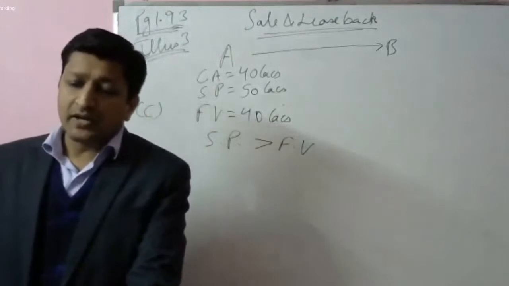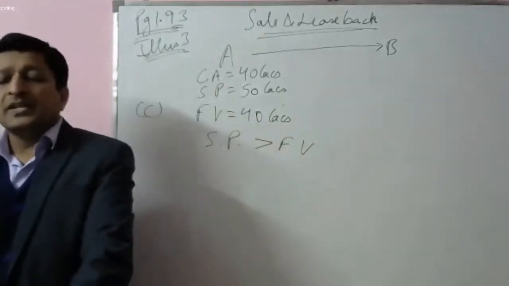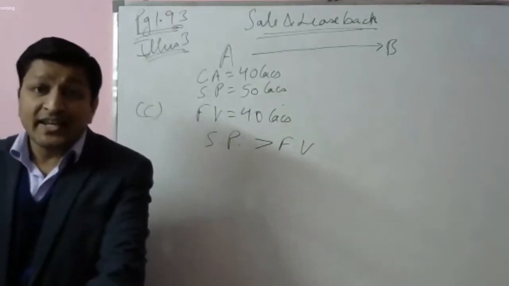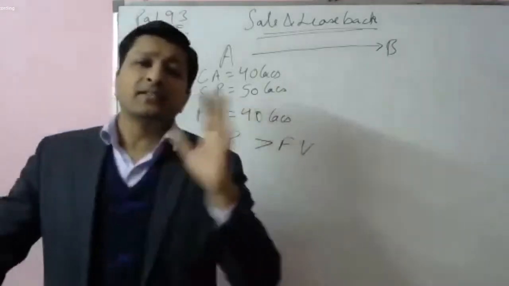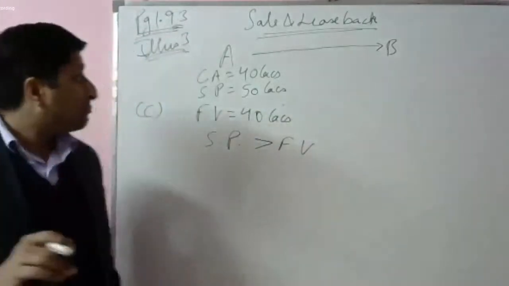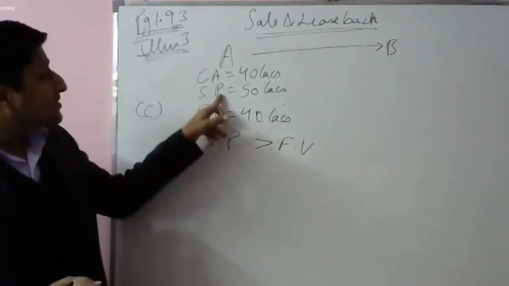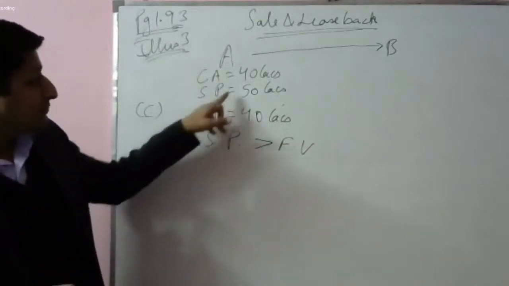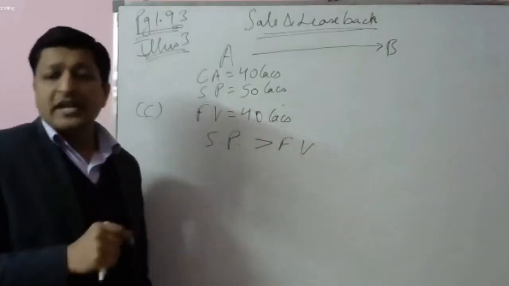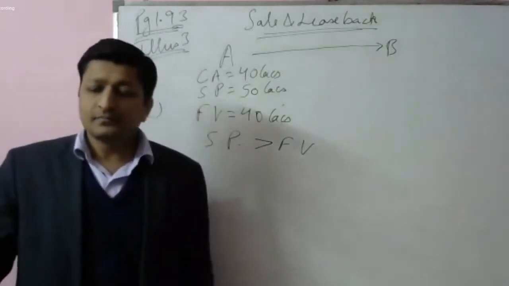In the fourth scenario, selling price is greater than fair value. So in case the selling price is greater than fair value, what do we do? The excess of selling price over fair value should be deferred and amortized over the period.